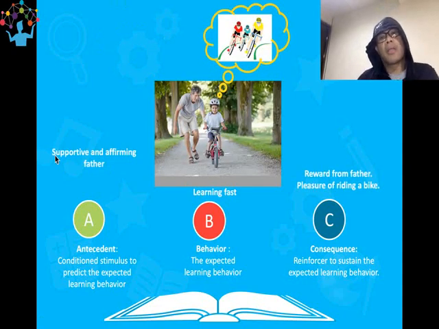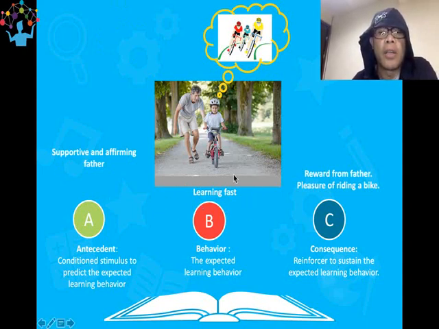Okay, let's go back to this one. Learning, for example, this is what we would like to work on: learning how to ride a bicycle fast. So what are the conditions that reinforce the fast learning? Look at the antecedents. Look at what's happening before.